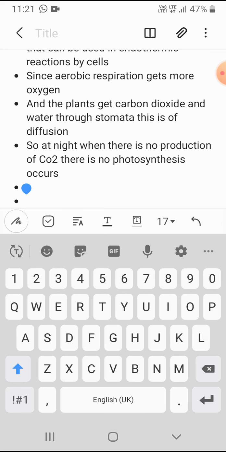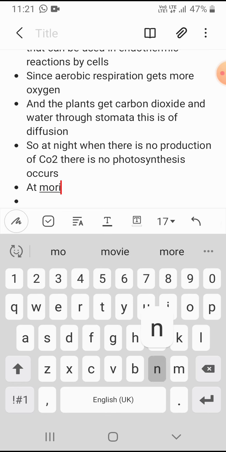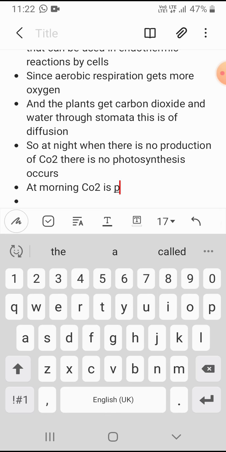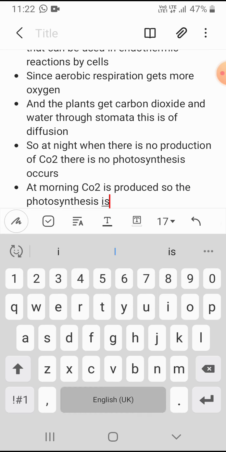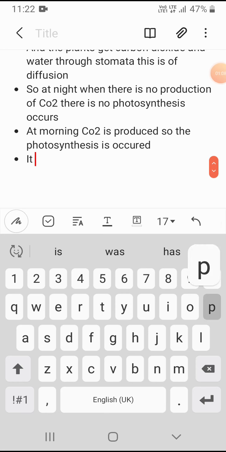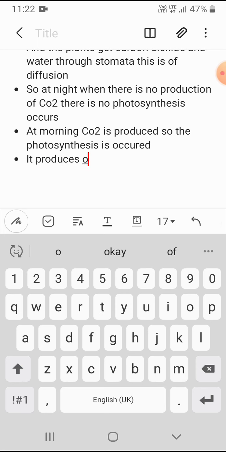In the morning, CO2 is produced when we breathe, so photosynthesis occurs in the plant. You may have learnt in your lower classes that photosynthesis occurs in the morning and not at night, because there is no sunlight at night also. And it produces oxygen, as you all know.